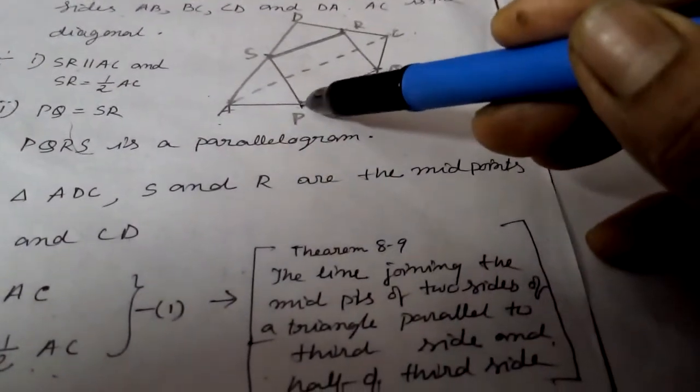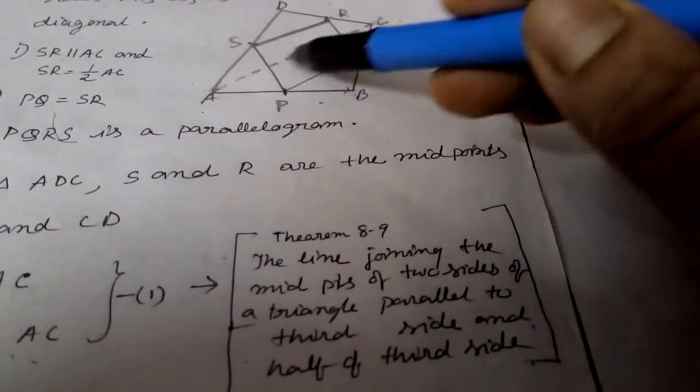So PQ is parallel to AC and PQ is half of AC. From 1 and 2, we get SR is parallel to PQ and SR is equal to PQ, which is equal to half of AC.